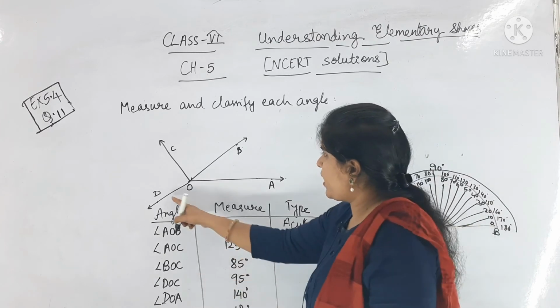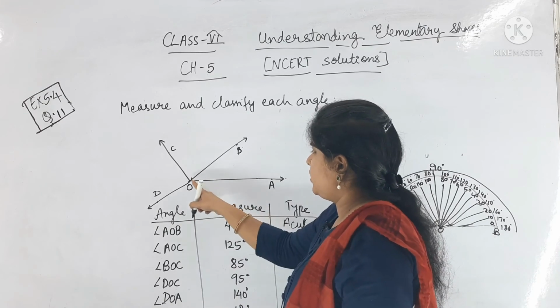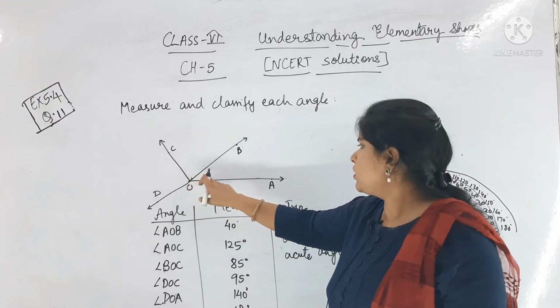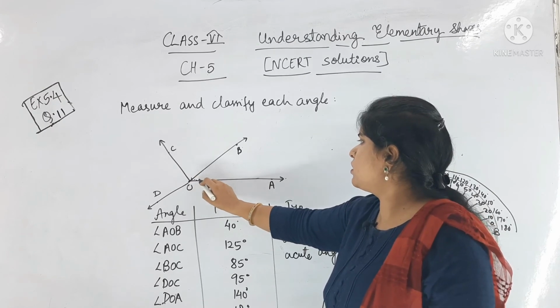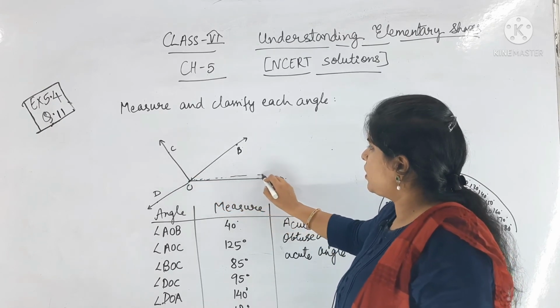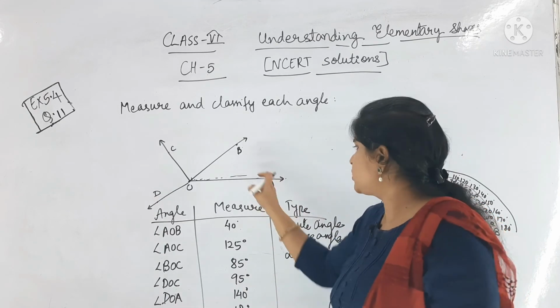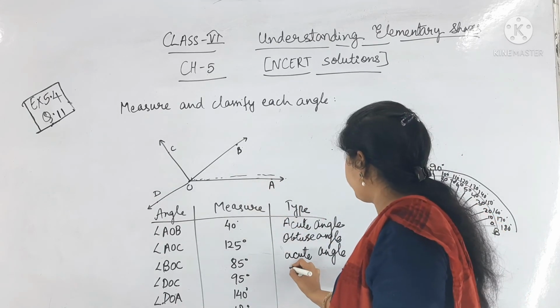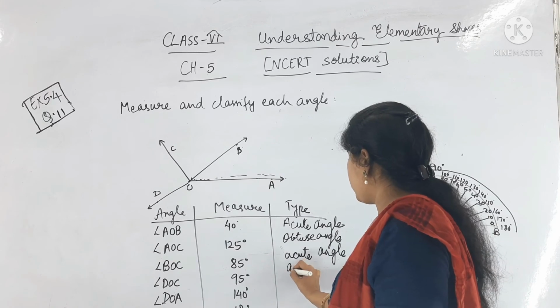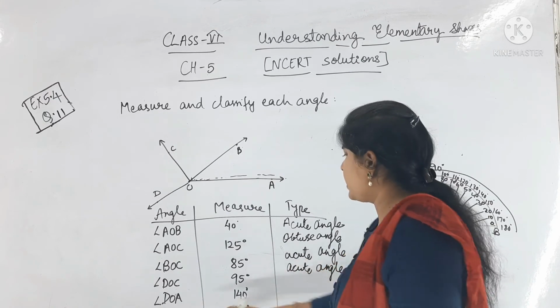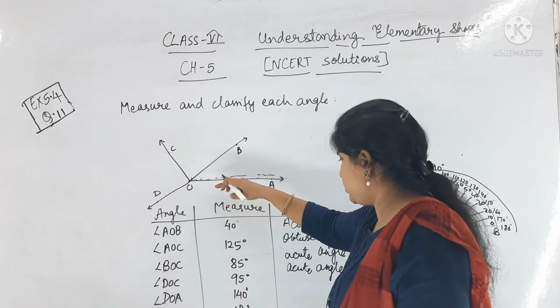Angle DOA is 95 degree. If you put the D here, this is the 90 degree and a little bit, 5 points, greater, so 95 degree, so that is an acute angle.